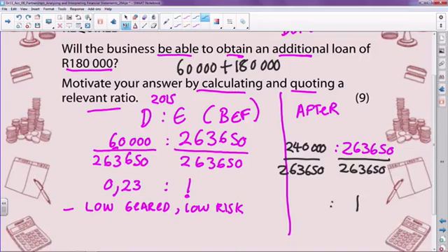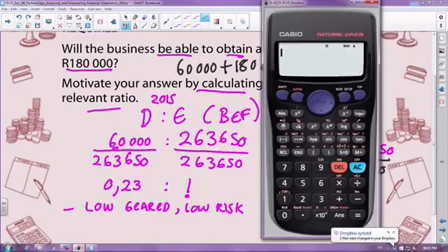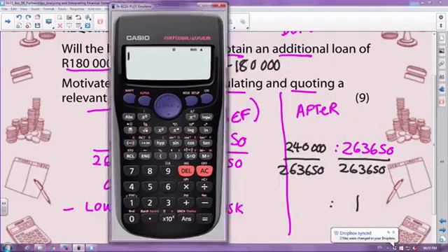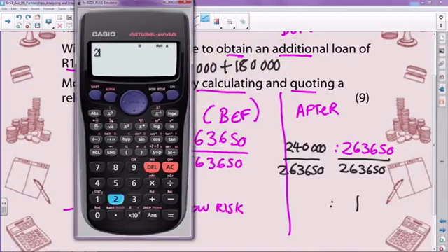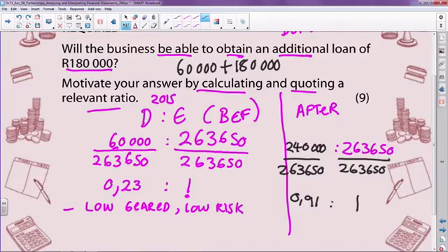Let's get the calculator out. So I'm now getting 0,91 is to 1.